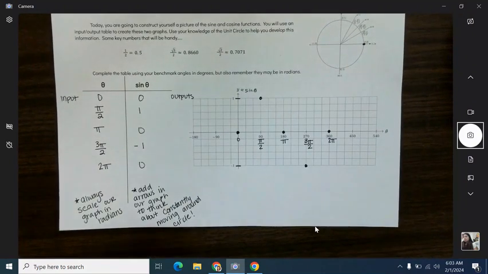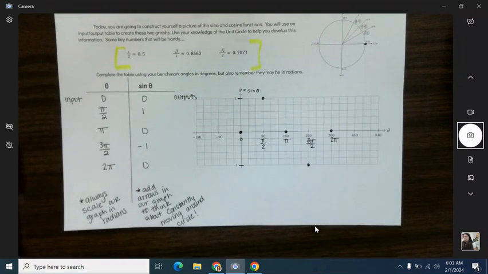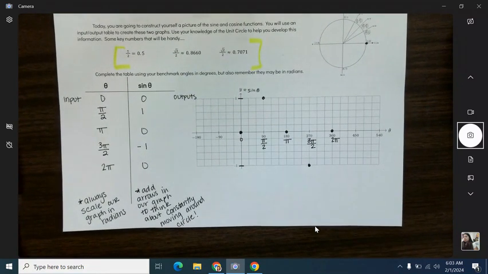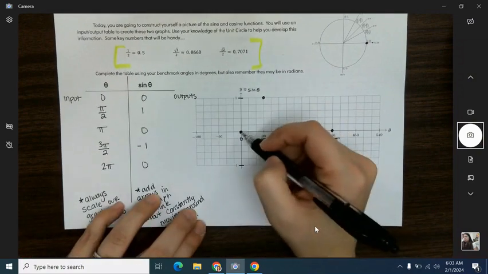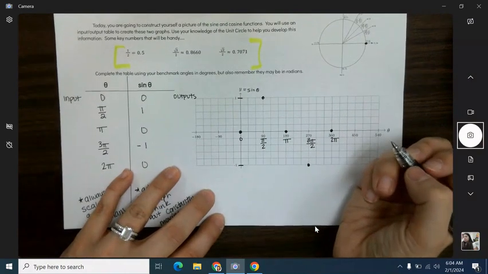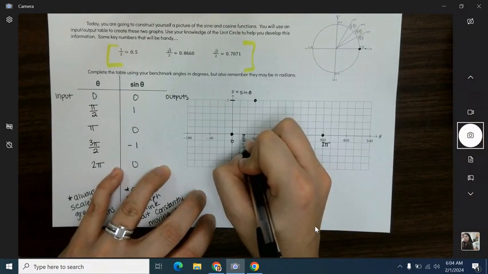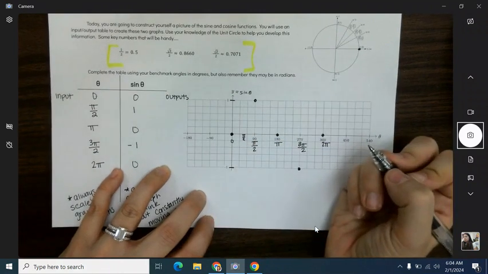Now, some of the values up here are listed with their decimal approximations, right? So 1/2 is 0.5, root 3 over 2 is 0.86, and root 2 over 2 is 0.7. And that's going to help us determine what's going on. For example, you can say that maybe pi over 2 would fall right here, smack dab in the middle.